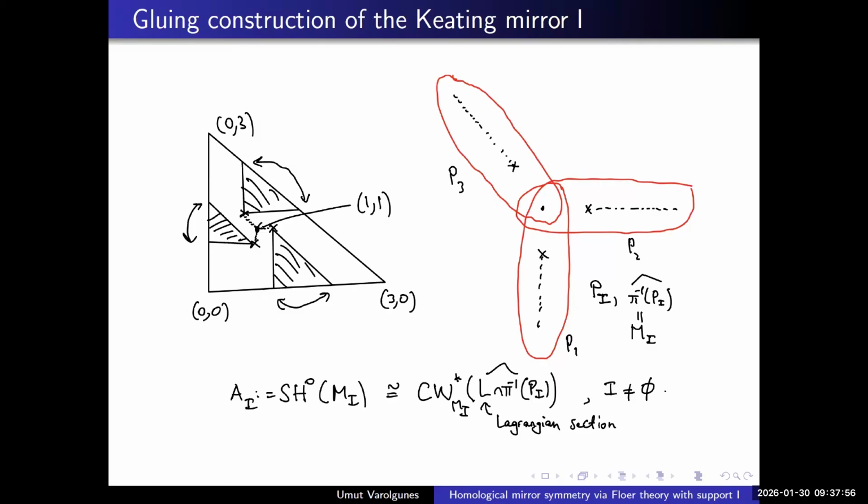So P1, P2, P3, P1P2, P1P3, P2P3, and P1P2P3. I take all of them. So all subsets of {1, 2, 3} can be used as this capital I index. So that's the subset in the base.